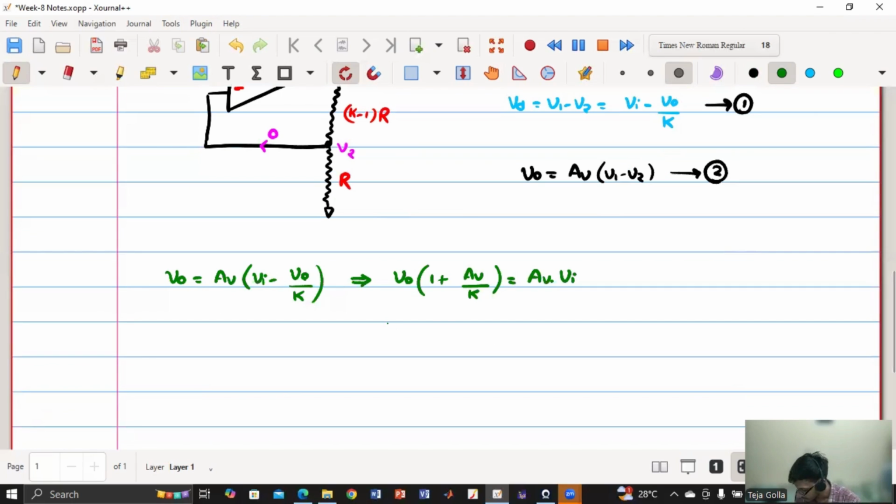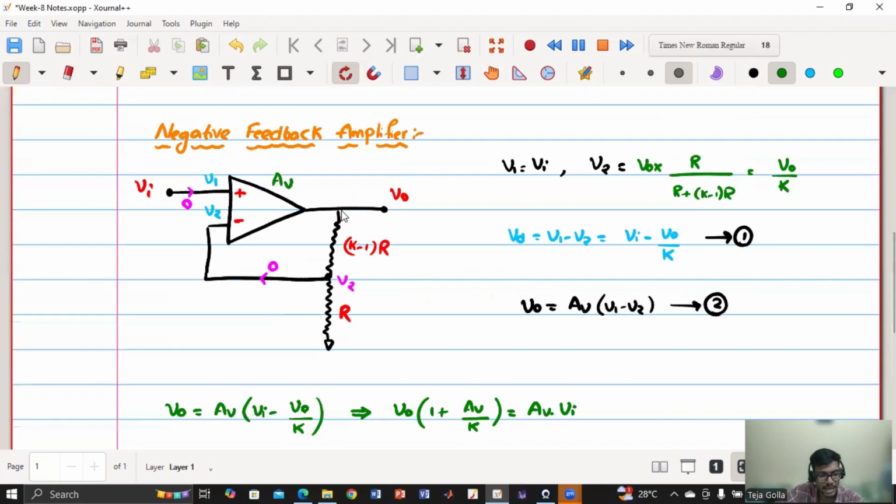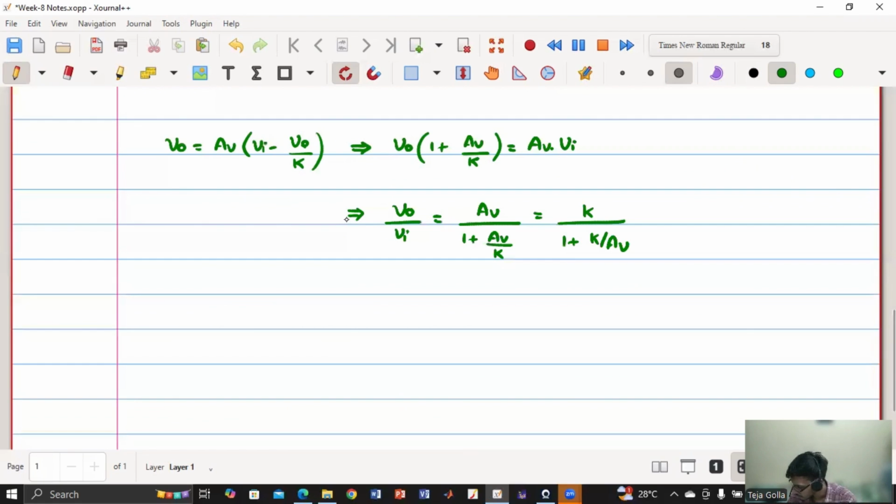Now the gain, V0 by Vi, is nothing but AV by (1 plus AV by K). It can also be written as K by (1 plus K by AV). So for a circuit like this with an op amp gain AV, I can write V naught by Vi equals K by (1 plus K by AV).